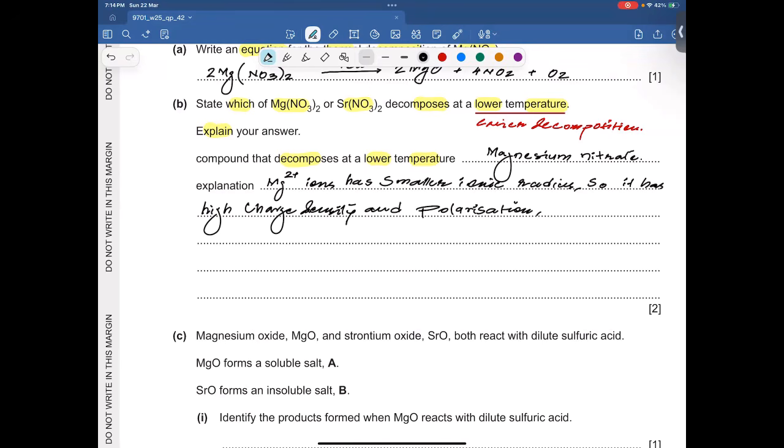Consequently, the magnesium ion can distort the electrons of nitrate ions easily. Hence, less energy is needed for decomposition.